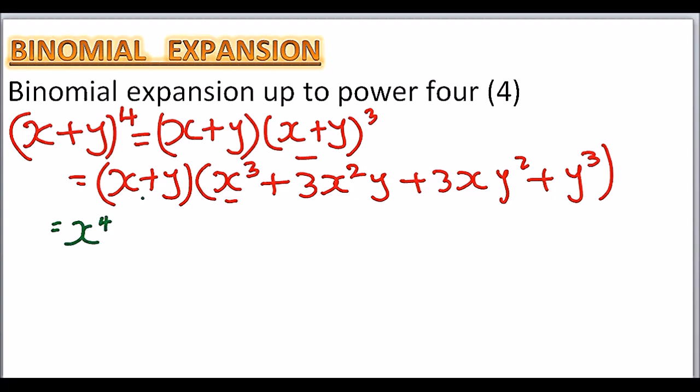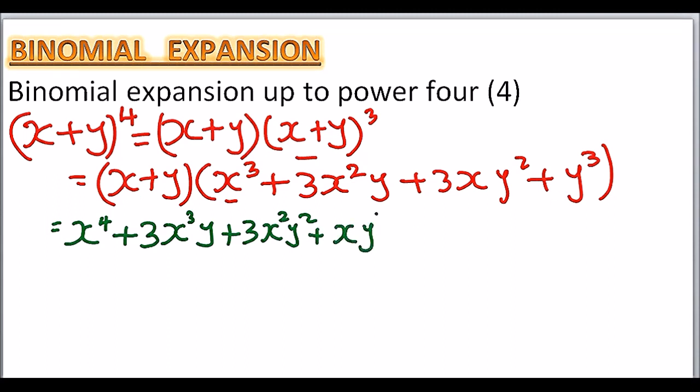Then we have x multiplied by 3x squared y, then we will have 3x cubed y. x multiplied by 3xy squared, we will have plus 3x squared y squared. x multiplied by y cubed, we have xy cubed. Plus, now we take over from y, so y multiplied by x cubed, we have x cubed y.